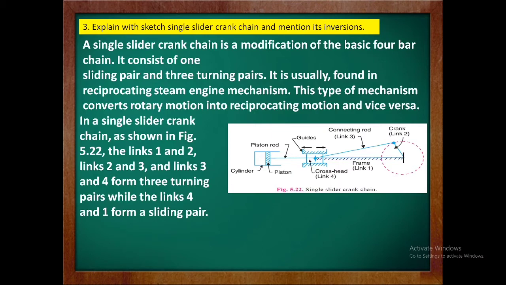This type of mechanism converts rotary motion into reciprocating motion or reciprocating motion into rotary motion. In a single slider crank chain, as shown in the figure, links 1 and 2, links 2 and 3, and links 3 and 4 form 3 turning pairs, whereas link 4 and link 1 form a sliding pair.